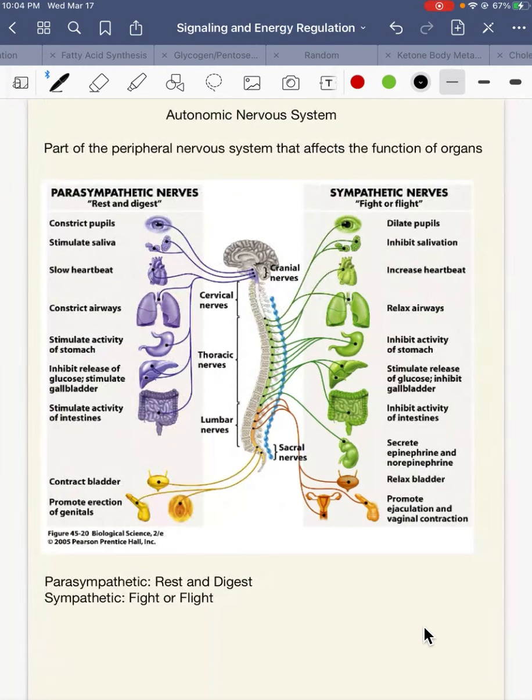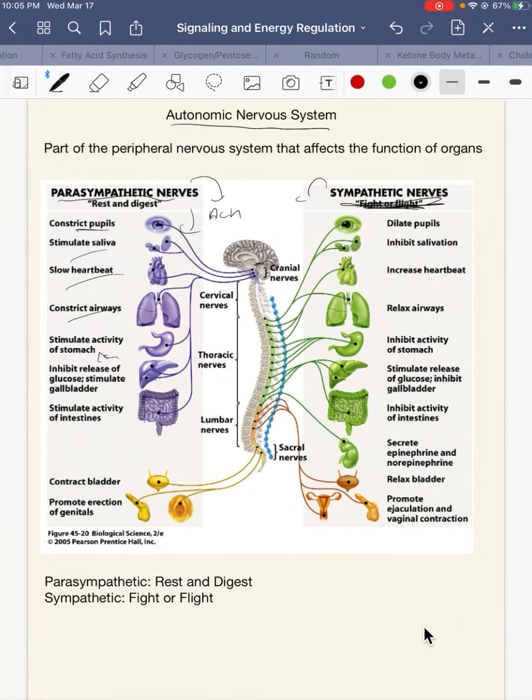Just a review. This is the autonomic nervous system, which is also an important part in the signaling. You have your parasympathetic and sympathetic. Parasympathetic is your rest and digest, so that's after you eat a meal. Your body will constrict its pupils, slow heart rate, constrict airways, and then stimulate activity in the stomach. Parasympathetic releases acetylcholine. I don't think you need to know this, which acts on other cells.